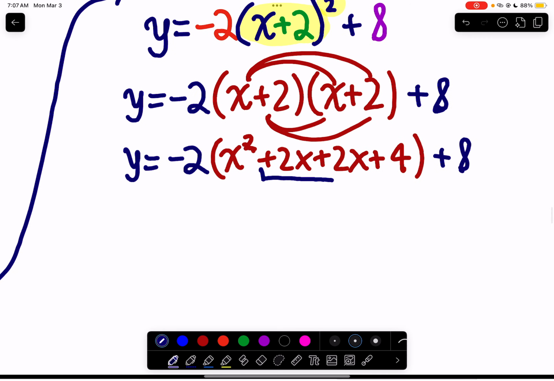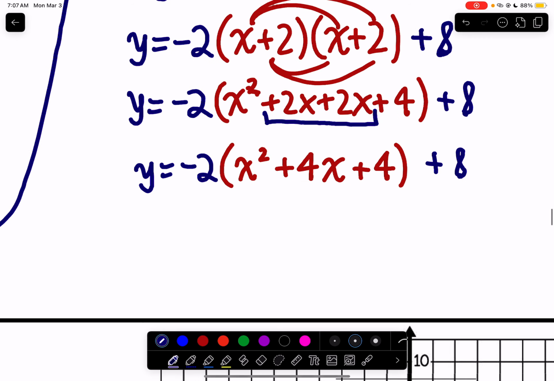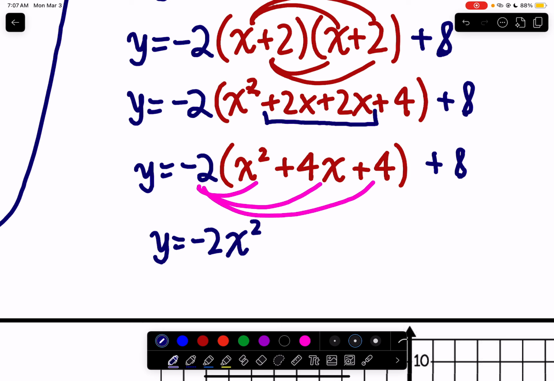Let's combine like terms. So y equals -2 times x squared plus 4x plus 4 plus 8. Now let's multiply. So y equals negative 2x squared minus 8x minus 8 plus 8.